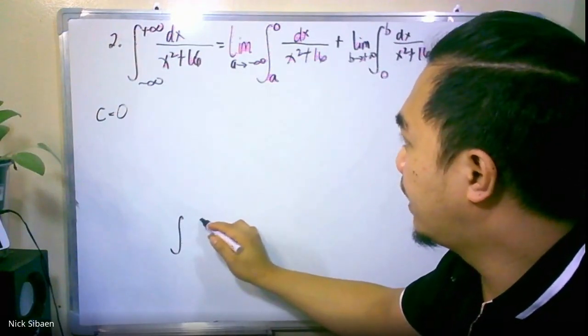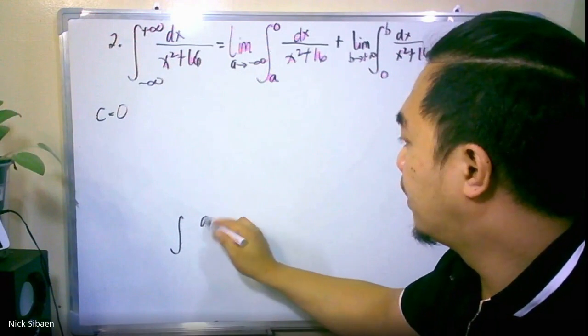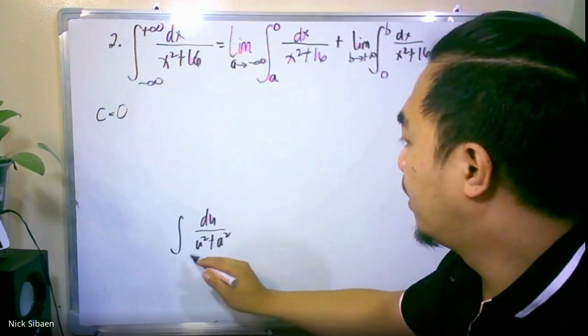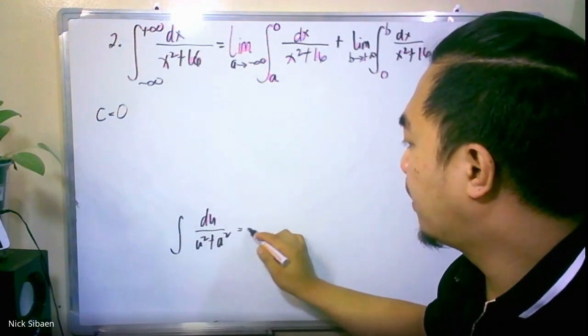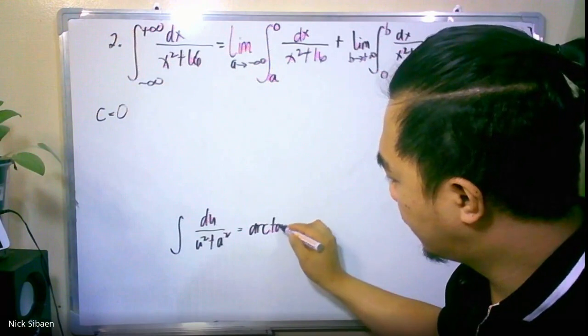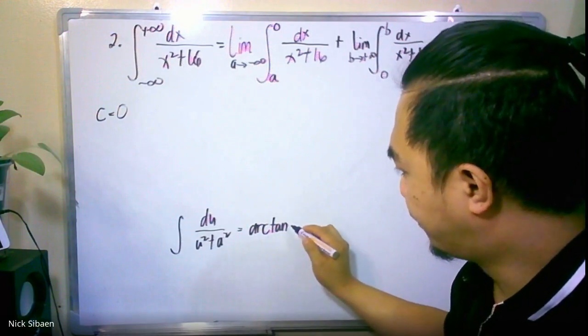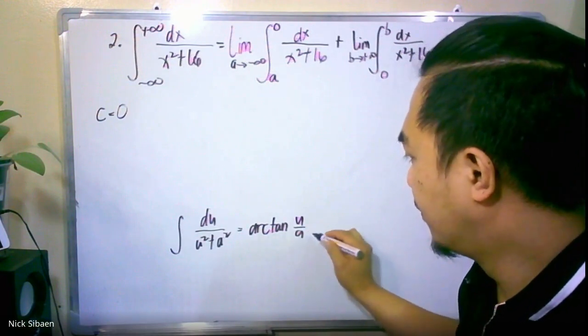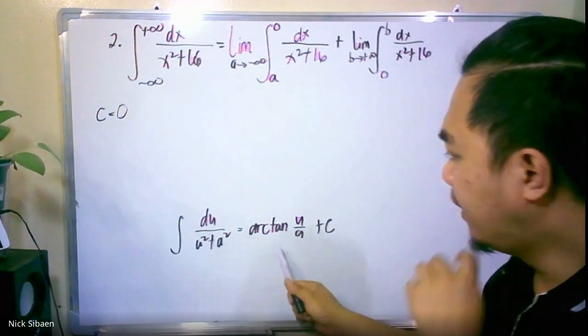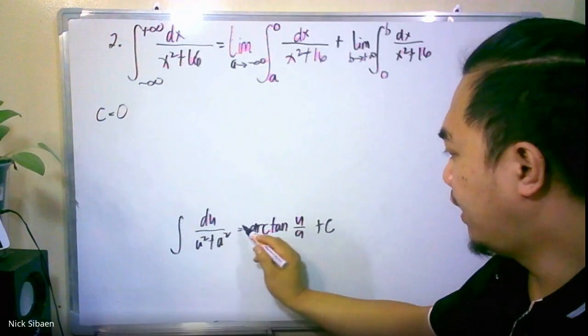If we have du over u squared plus a squared, ang sagot dito ay arctan u over a plus c if that is an indefinite integral. Kindly check nga kung tama or may 1 over a dito.